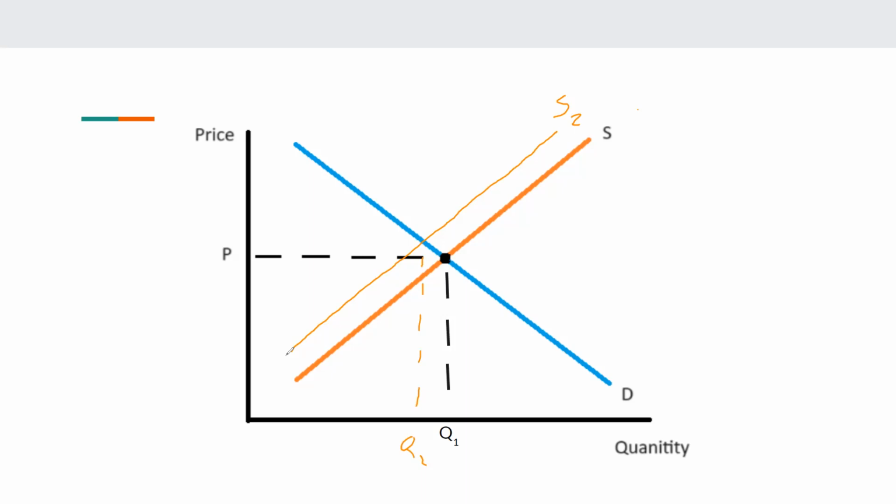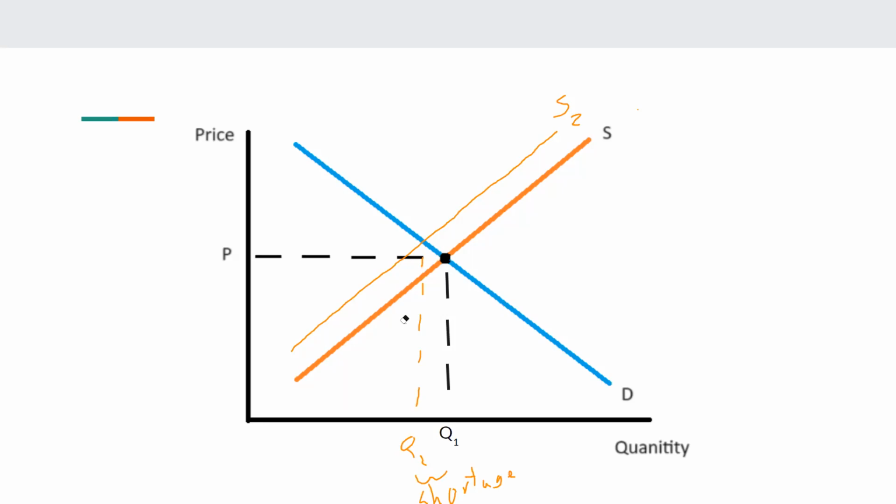And essentially, the area between these two, Q1 minus Q2, that's going to be the shortage right there, because the quantity demanded is going to be higher than the quantity supplied at this price P.